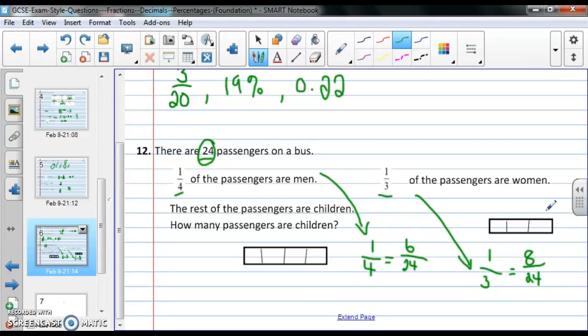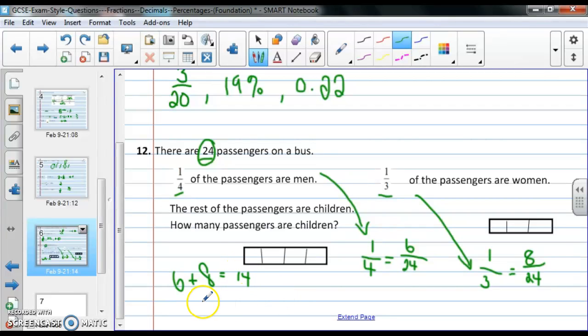Now, if I need to figure out the rest that are children, what I really need to do is figure out how many are men and women. So I'm going to take the 6 men and the 8 women, and I'm going to add them together. So 6 plus 8. Okay, that gives me 14.